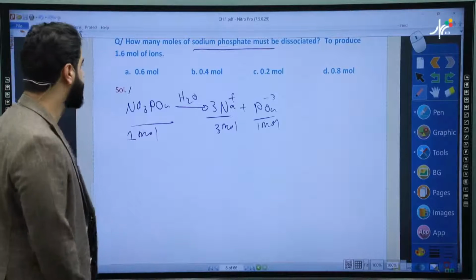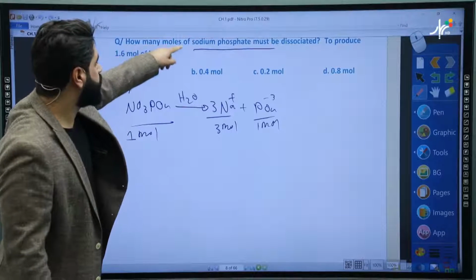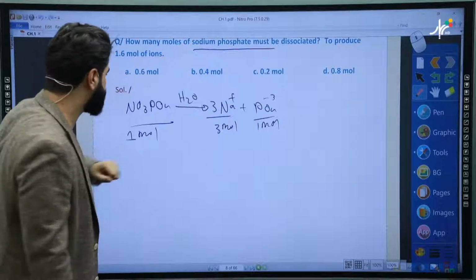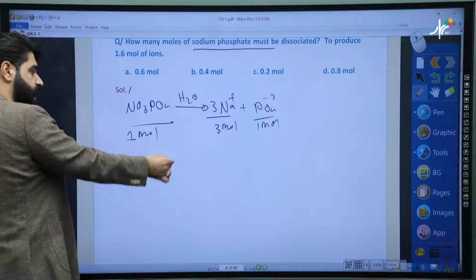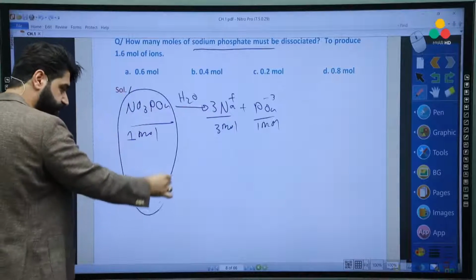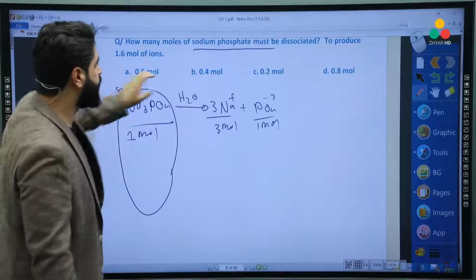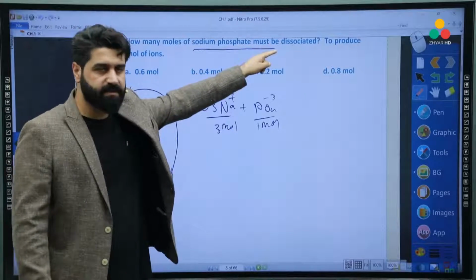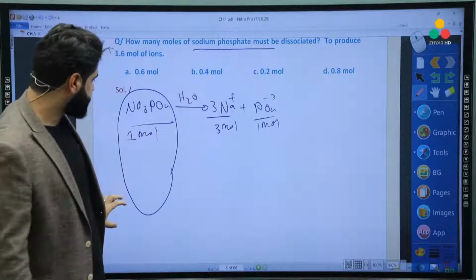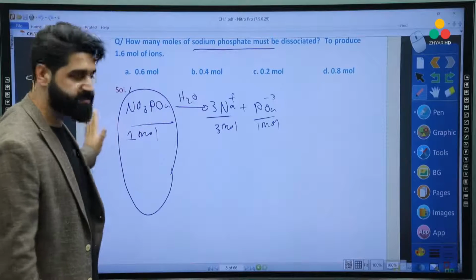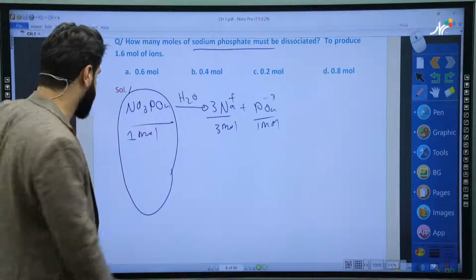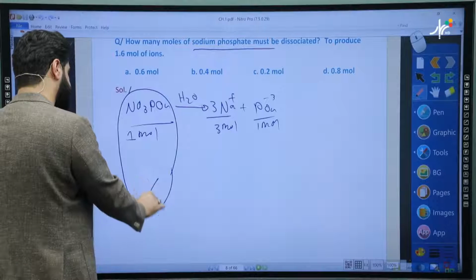But now let's see. How many moles of sodium phosphate must be dissociated? When you see must be dissociated, that means the unknown is in the compound side. So here must be X.